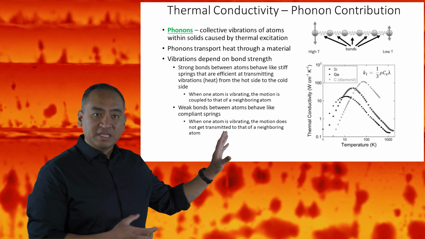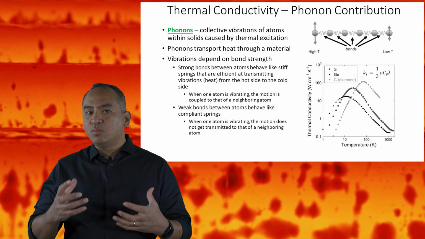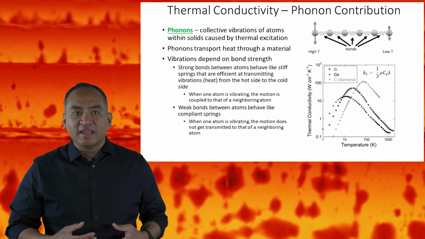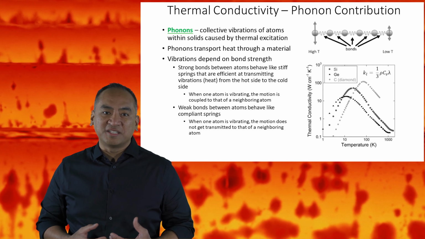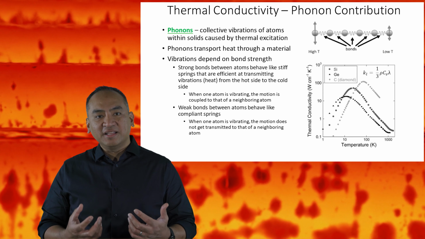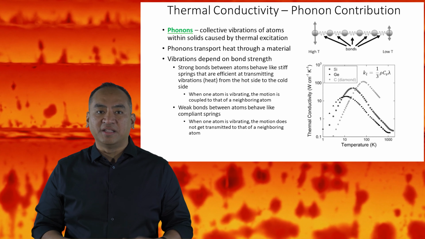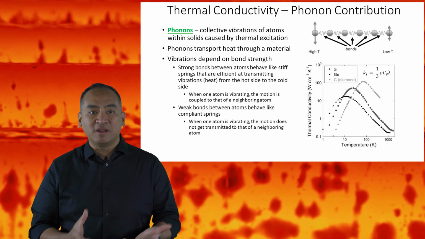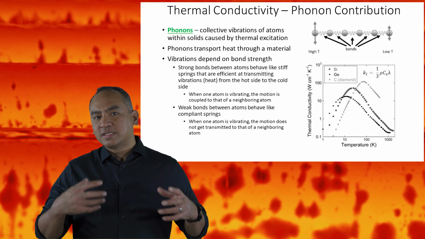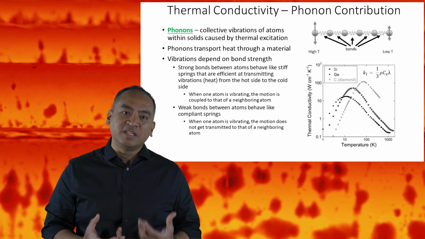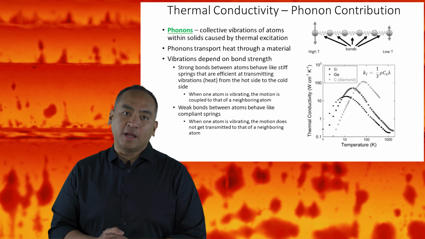In the graph that you see here, the peak thermal conductivity of silicon is less than the peak thermal conductivity of diamond. Silicon and carbon are both mainly covalently bonded solids that have minuscule numbers of free electrons relative to metals. So heat is transferred in these materials mainly through phonons.